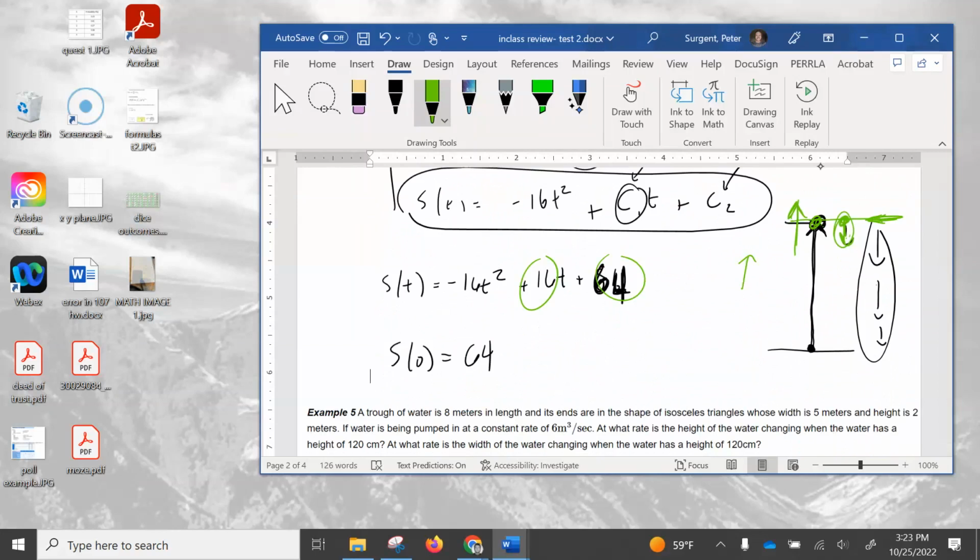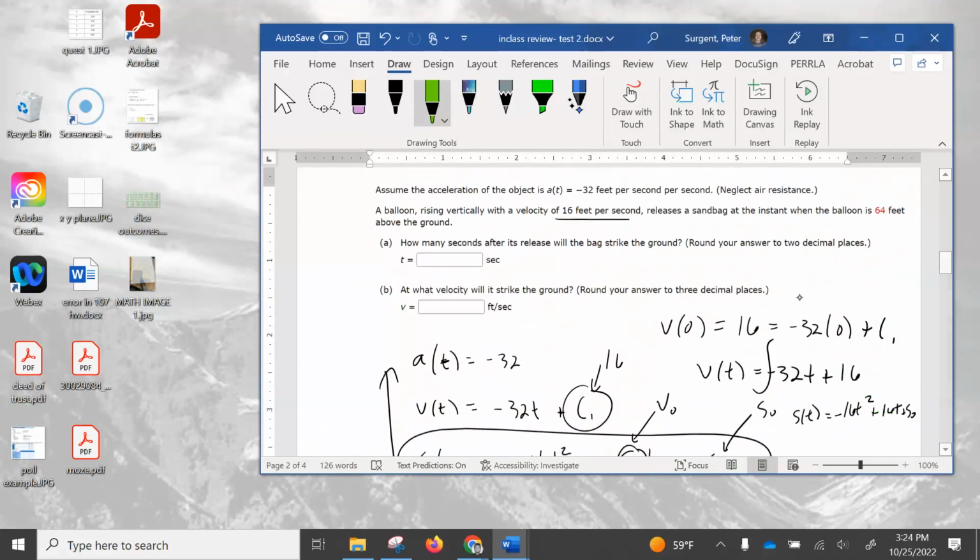What I think is confusing is that you're tempted to say the initial position's here, right? Because this is when the thing's starting from the ground. But you have to jump to the fact that when we answer this question, your initial position will be 64, initial velocity 16. And you've been given this function in an algebra class, right?